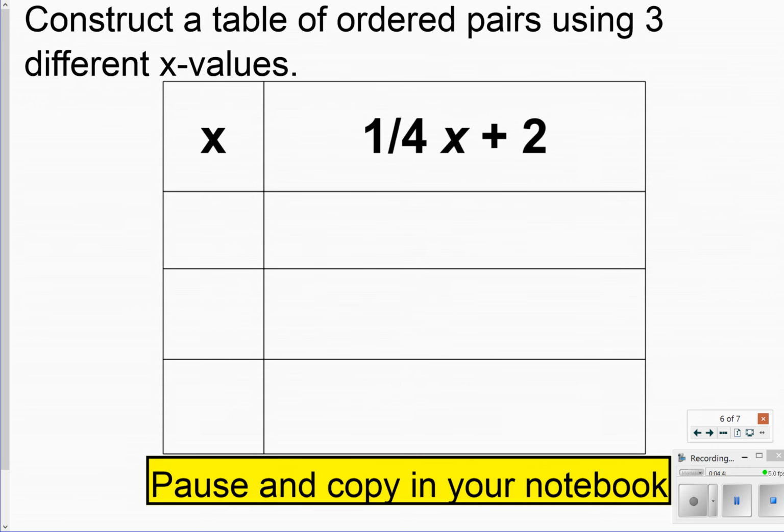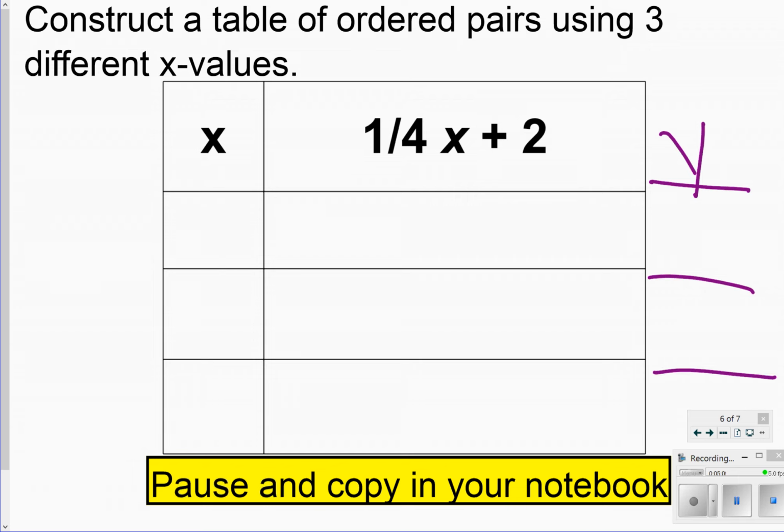For our last example for our notebook today, we are given this expression, 1/4 x plus 2. And we need to construct our own table and our own values using 3 different values for x to figure out what our y will be. They left off the area for y, so we'll go ahead and plug that space in.